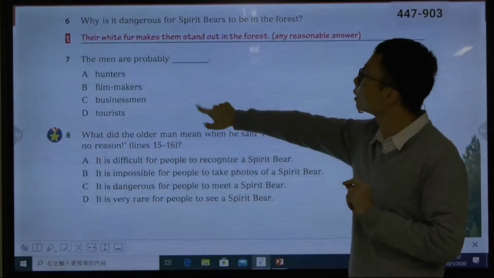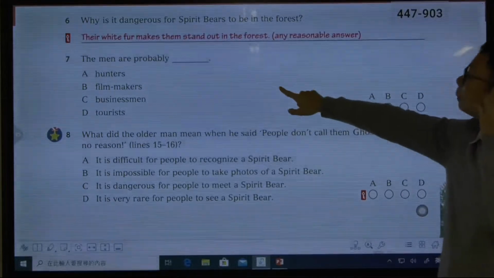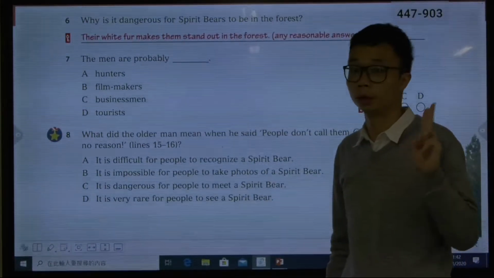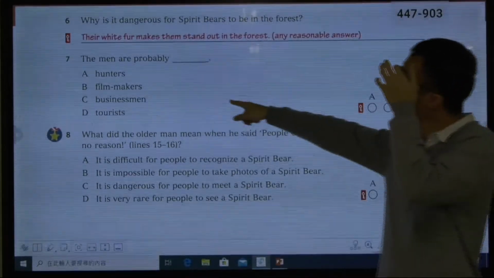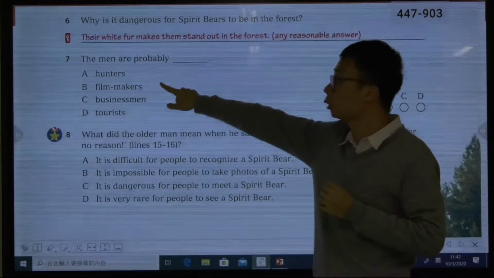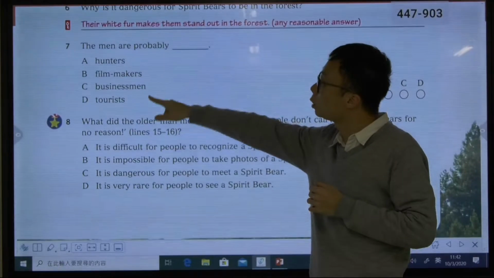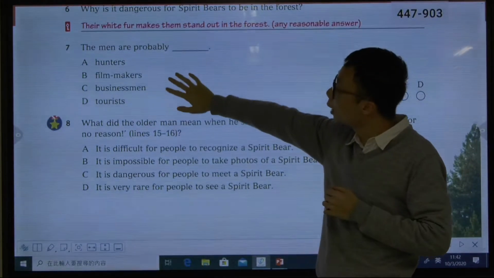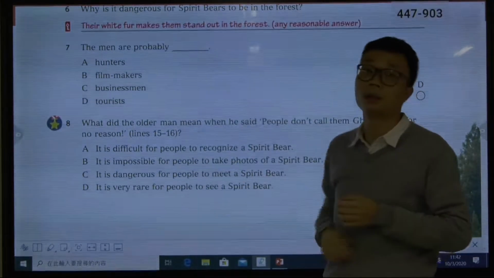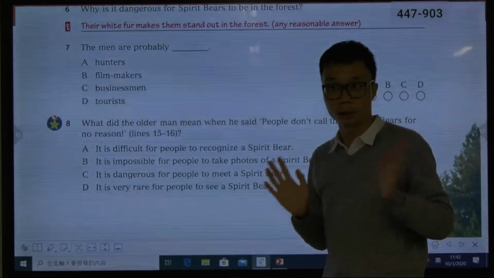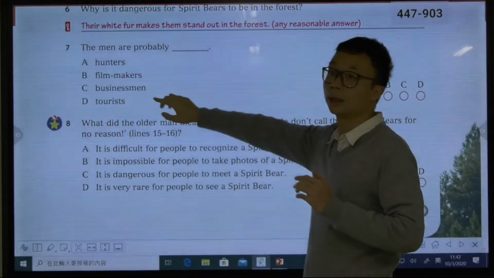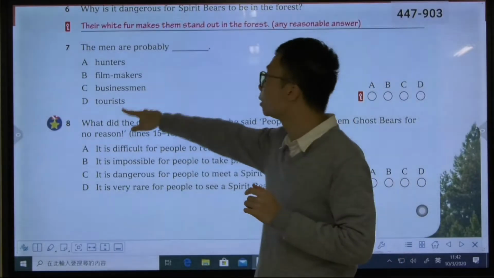Okay, question two. The men are probably... they're talking about the two men, the older and younger. Who do you think they are? Hunters, filmmakers, businessmen, tourists. Which one can you quickly cross out? Probably C, maybe, because nothing is related to business.